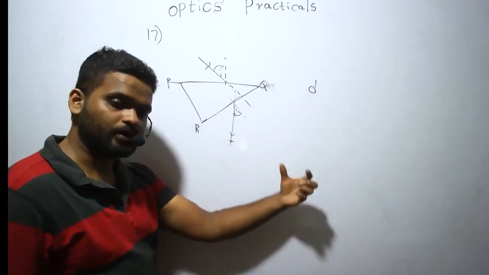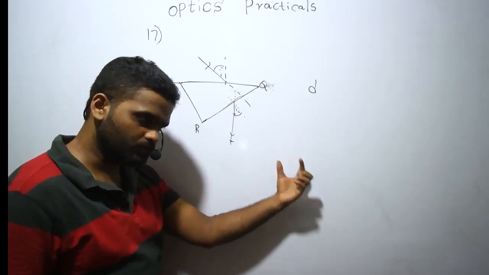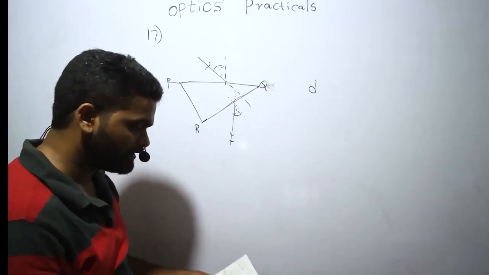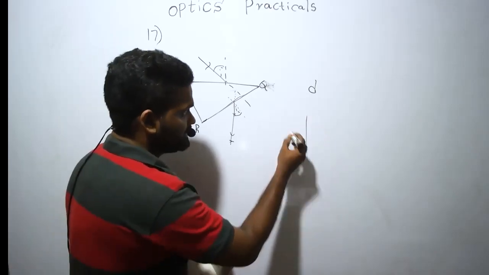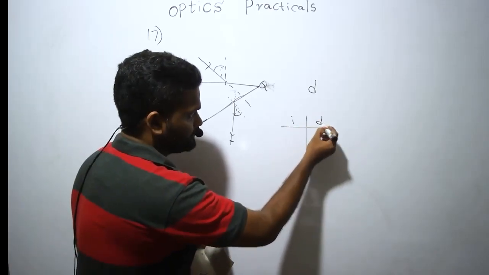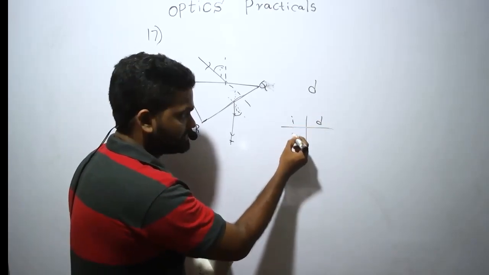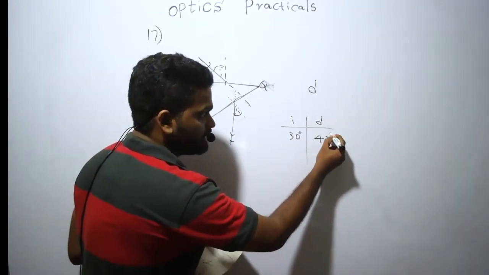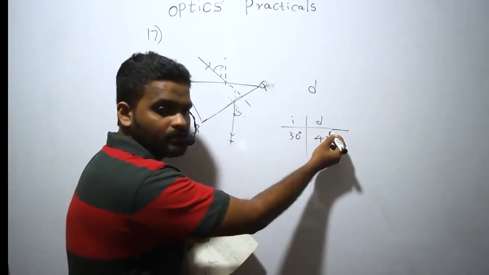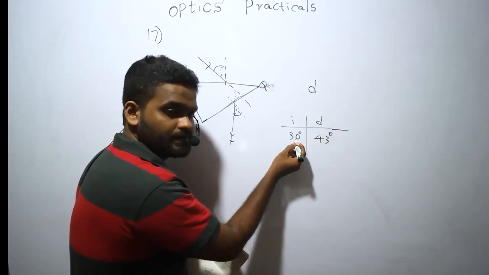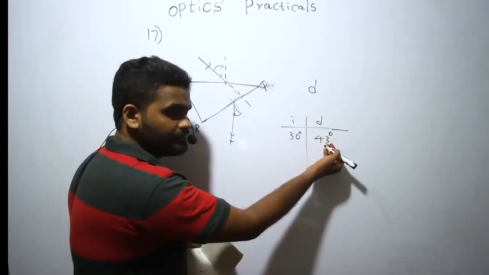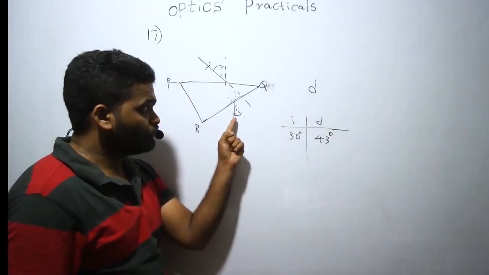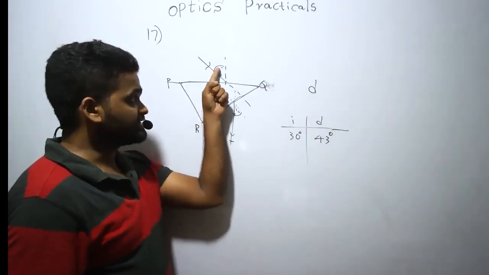The more xy coordinates, the better you can draw the graph. Let's say for an incident angle of 30 degrees, you got an angle of deviation of 43.